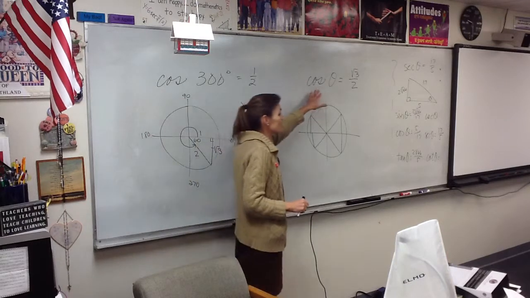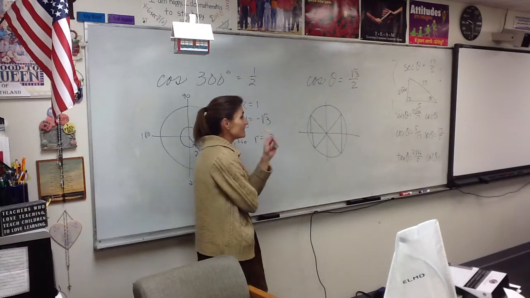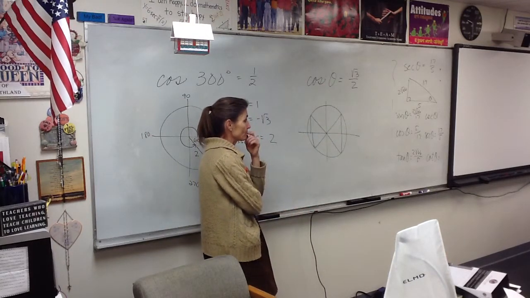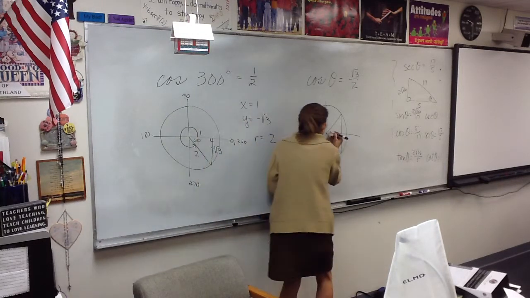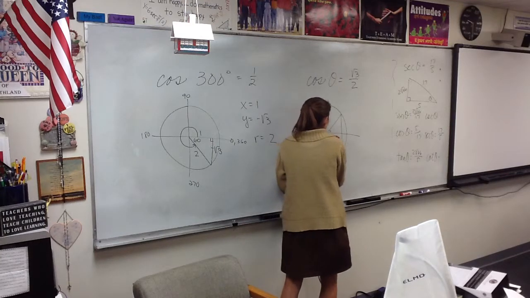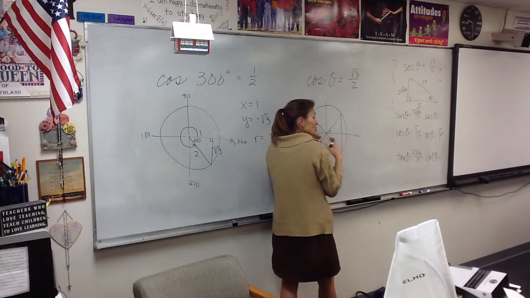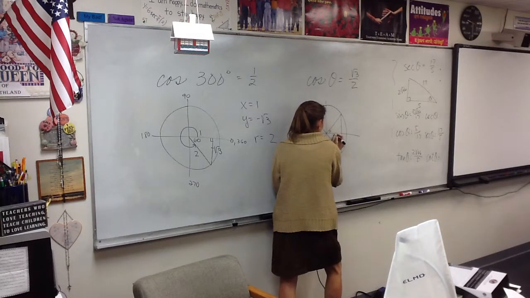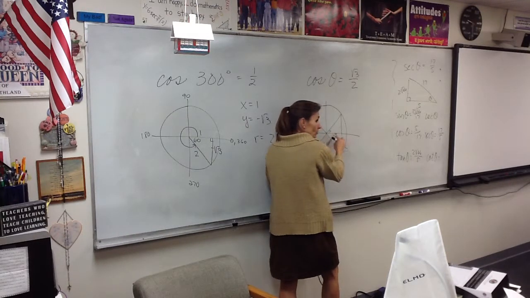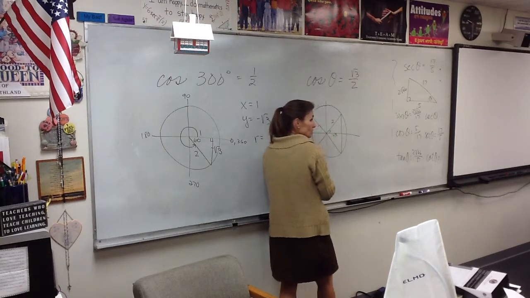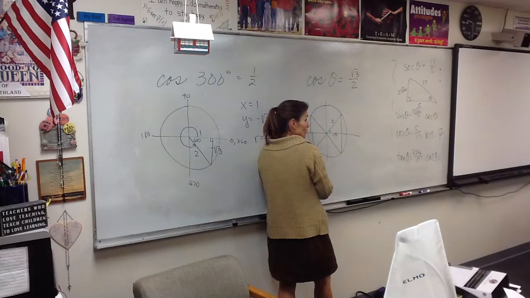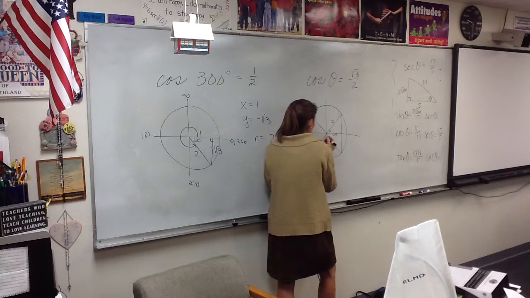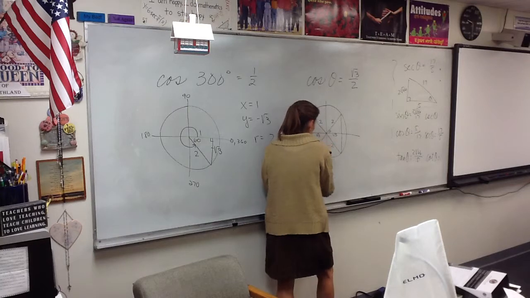I need the cosine to be a positive root 3 over 2. Now, if this is my angle right here, remember, these are our thetas right in here. Where would the root 3 and the 2 go? The root 3 would be the adjacent, so it'd be on the lines. So this would be root 3, and this would be 2? Yeah. Would you agree with that? And this would be 2, this would be 2, and this would be root 3, and this would be 2.